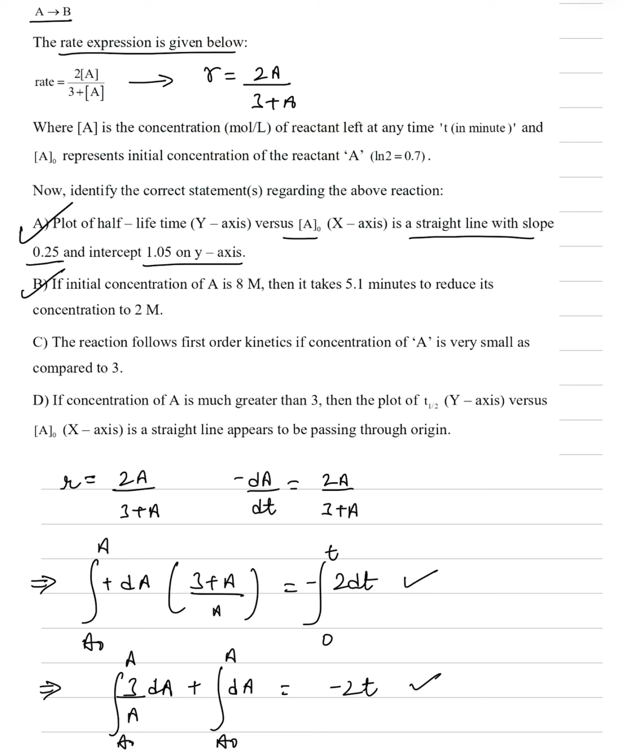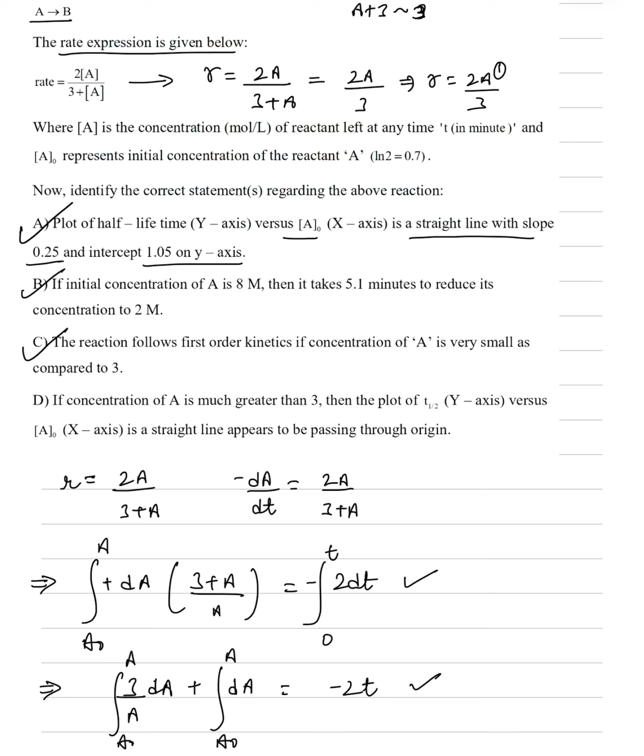That means if A is very small as compared to 3, then A + 3 is approximately equal to 3 only, right? So we can easily modify this equation and it can come out to be 2A/3, which implies R = 2A/3. Now here the concentration power is 1, right? So it will be following first order kinetics.